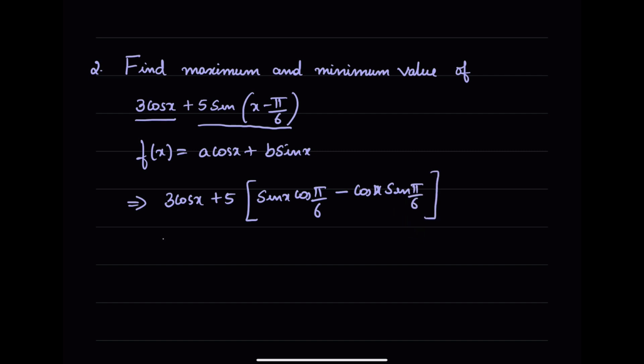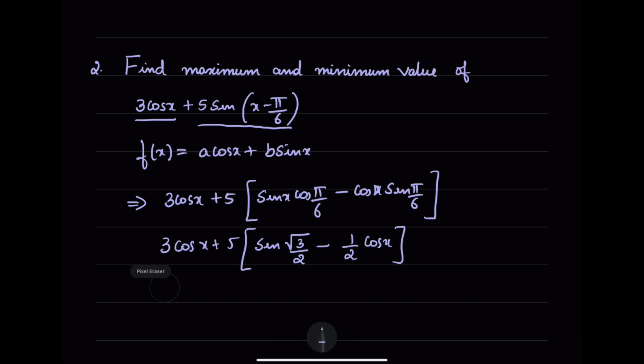So this would be sin x multiplied by cos 30, which is square root of 3 by 2, minus sin 30, which is 1 by 2. So this is 1 by 2 cos x.